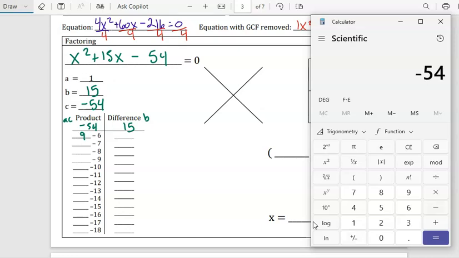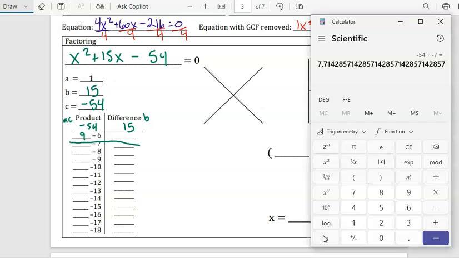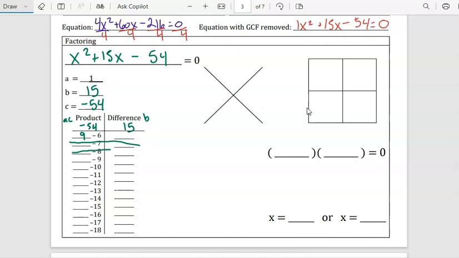Negative 54 divided by negative 7 is a decimal, so we're going to cross out that row and go to the next one. Negative 54 divided by negative 8 is also a decimal. You'll keep dividing the product, the negative 54, by each of these numbers.